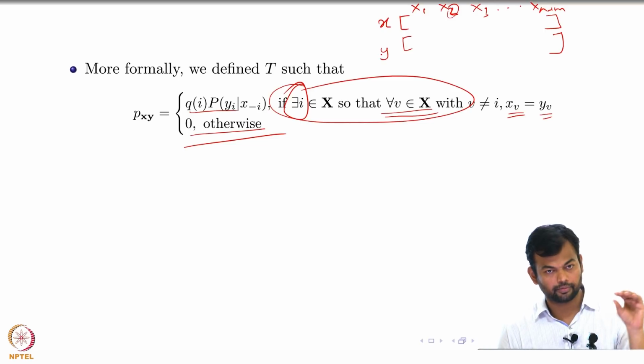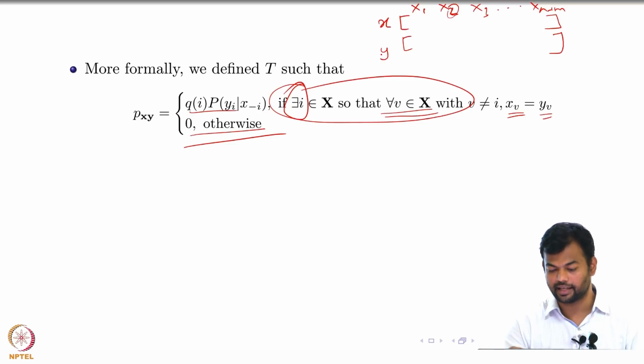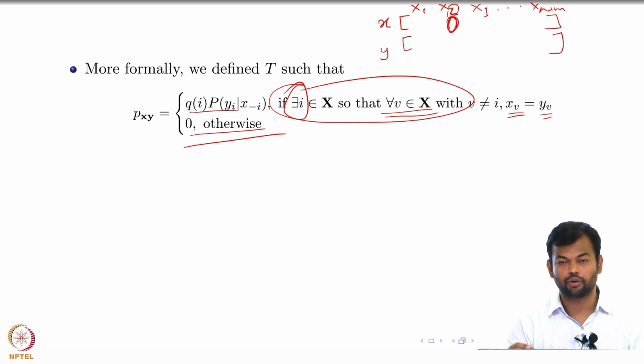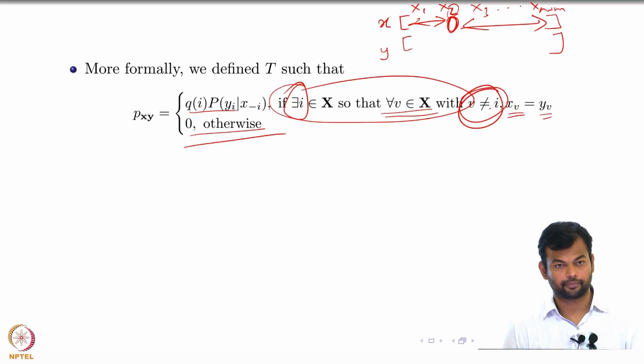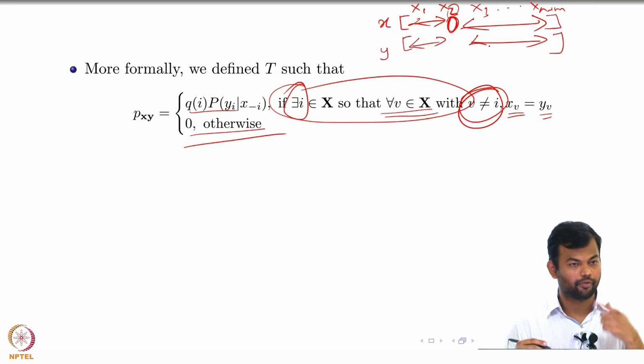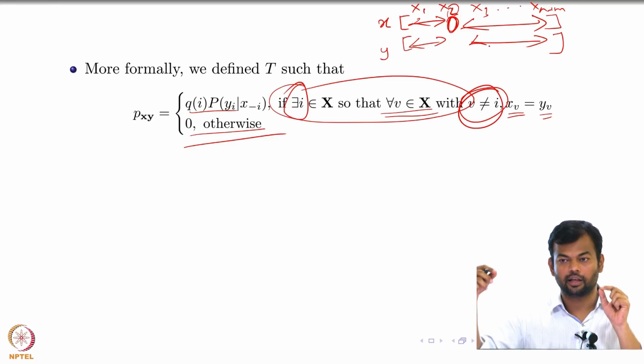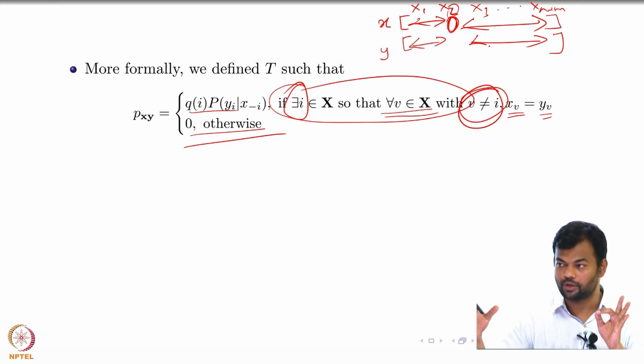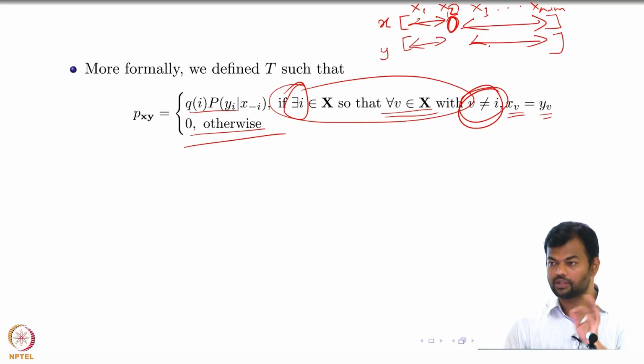What this cryptic looking first condition is telling me is, if there exists a value i such that for all the things which are not equal to i, those state values are the same for x and y. So x and y, remember, are n plus m dimensional vectors. So what it is telling is n plus m minus 1 values are the same, and one of these values may or may not differ. Okay?